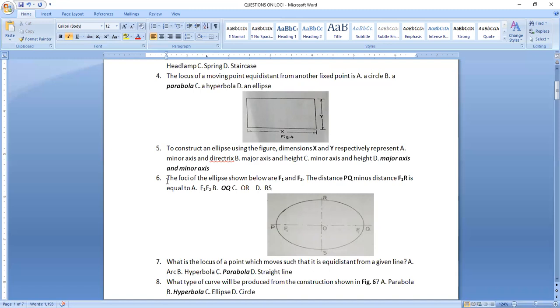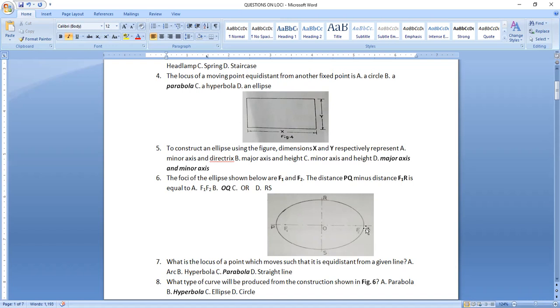Okay, then we come to question 6, which says that the foci of the ellipse shown below are F1 and F2, the distance PQ minus distance F1R is equal to. Now, let me explain something here. They're talking about this diagram.